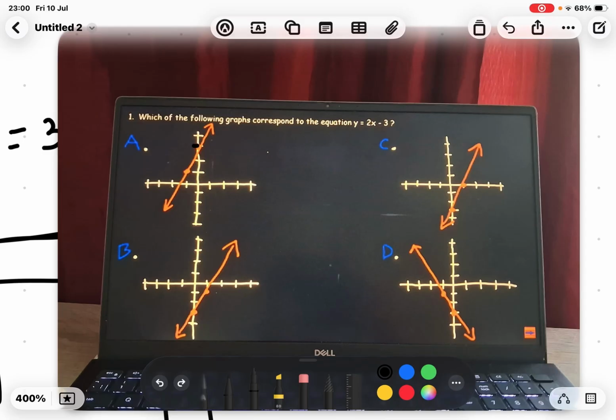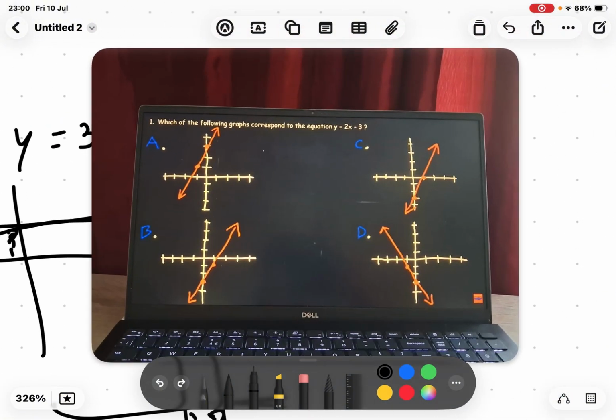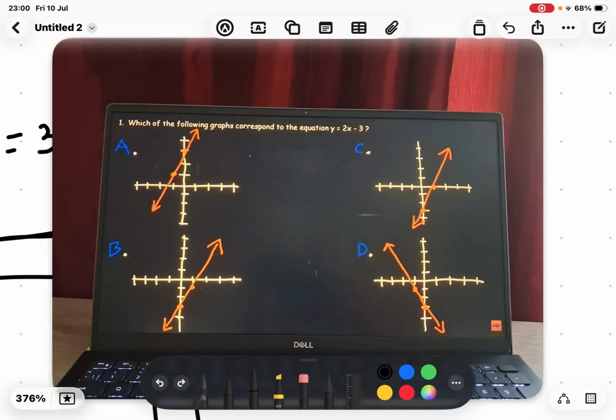So this goes 1, 2, okay. Wait. Okay, the y-intercept is negative 3, so it's not this one. And it could be these.